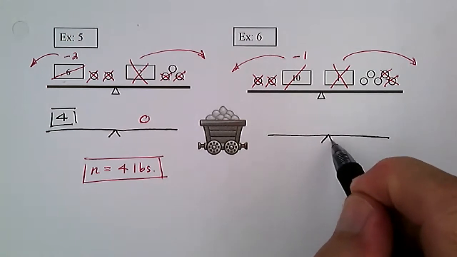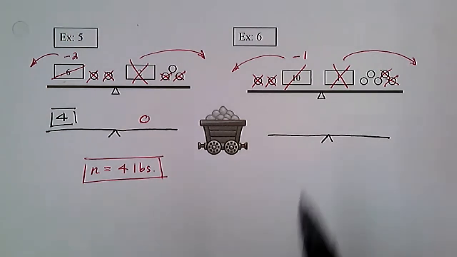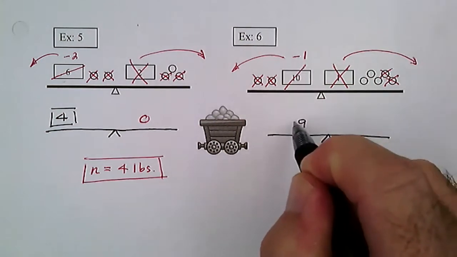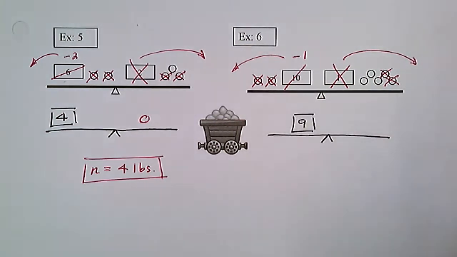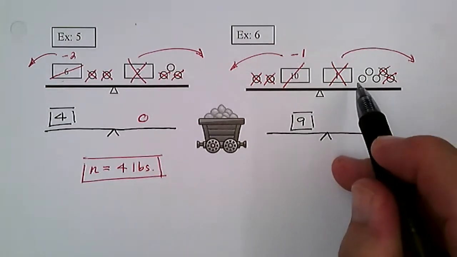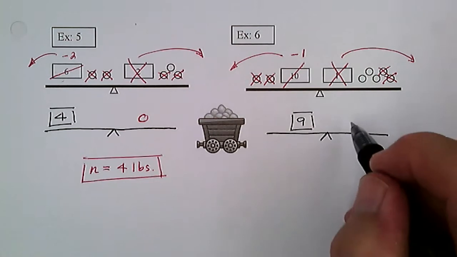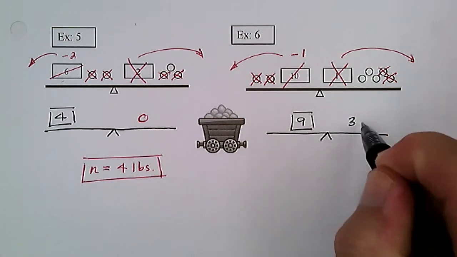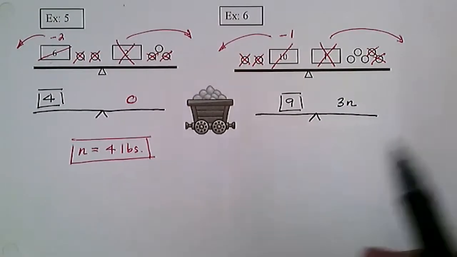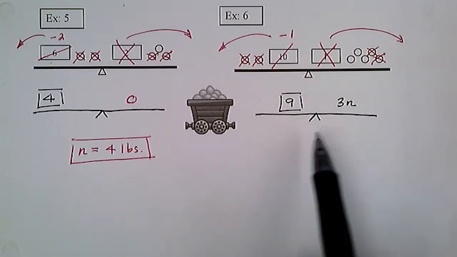Okay, and there's my fulcrum. And I had 10 take away 1, so that's a 9 pound plate. And then I have 3 nuggets. Now here's a little shortcut. Instead of drawing 3 nuggets, which I could do, I'm going to do this, 3N. I'm going to abbreviate.